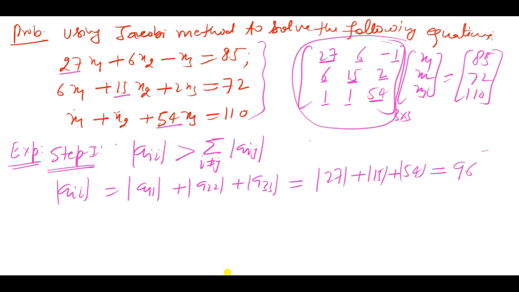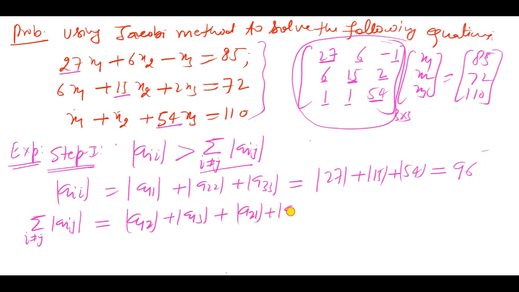And the summation over j not equal to i of mod aij means mod A12 plus mod A13 plus mod A21 plus mod A23 plus mod A31 plus mod A32.